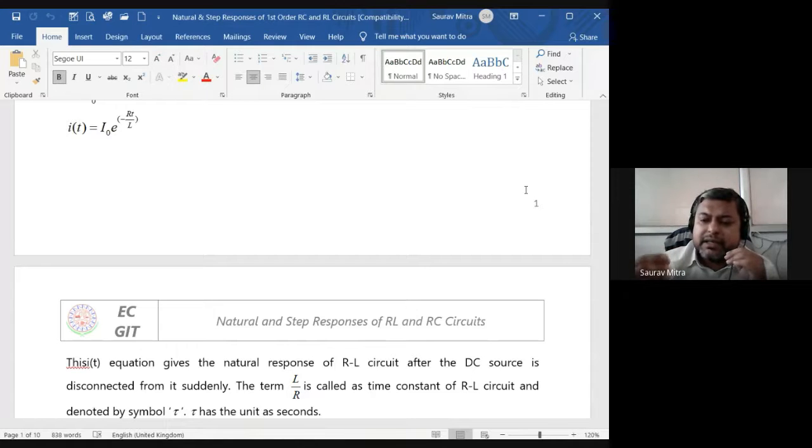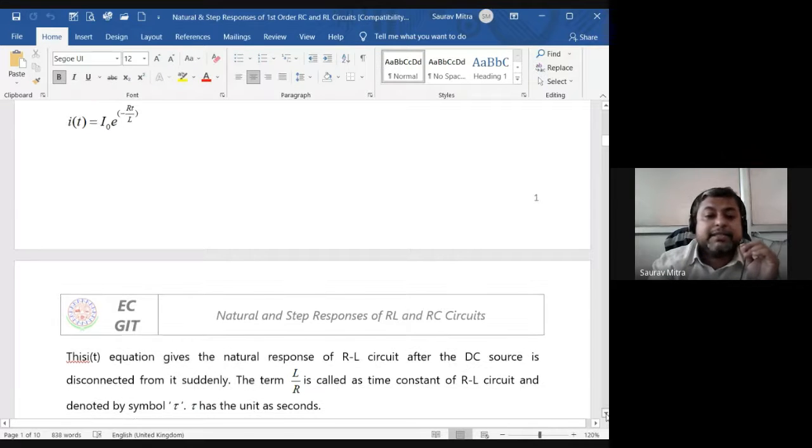Suppose the current is 3 ampere, or 3 milliampere. When the current reaches 3 milliampere, suddenly you cut the input voltage, because you want to check how fast or how slow that current falls to zero, exponentially. That depends on the circuit components, the value of L and R, and that is actually the time constant.